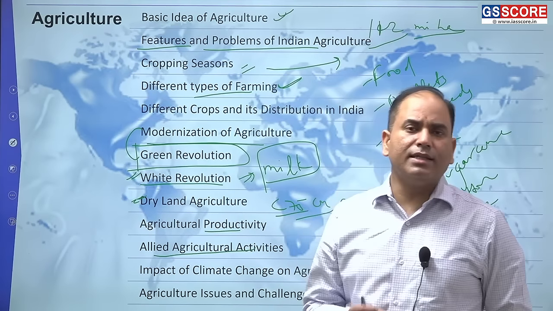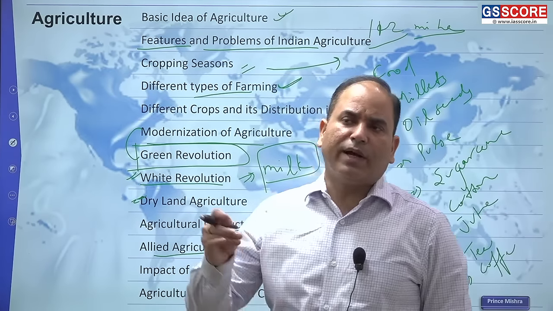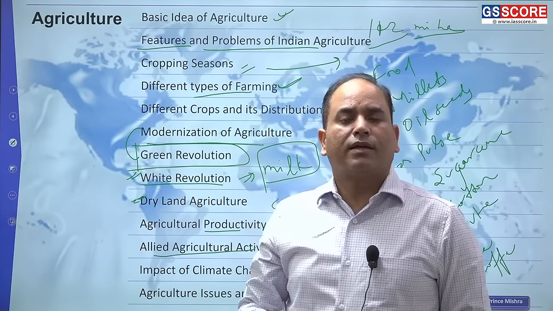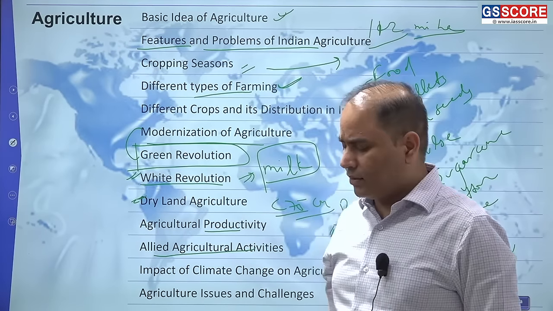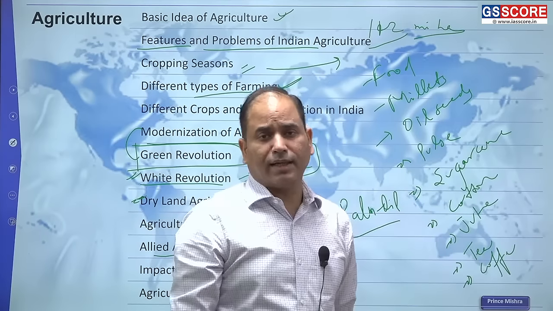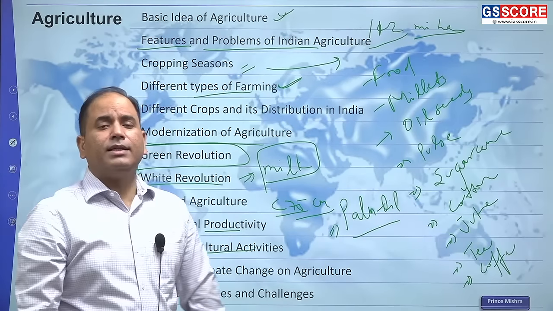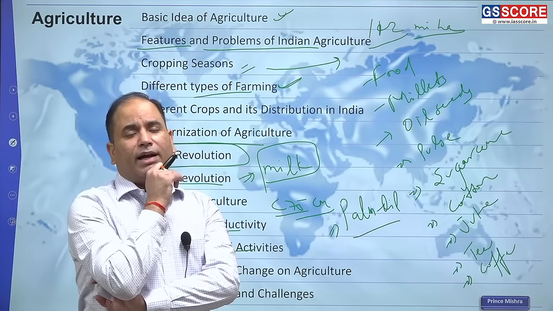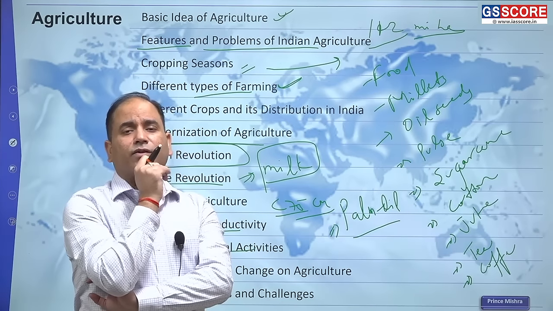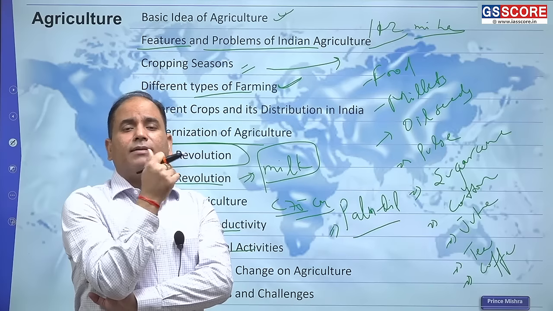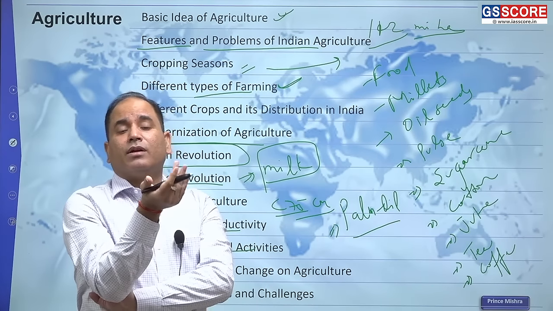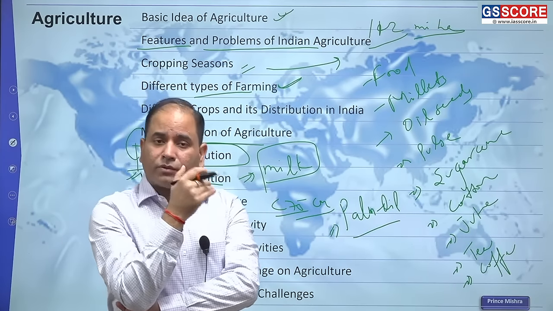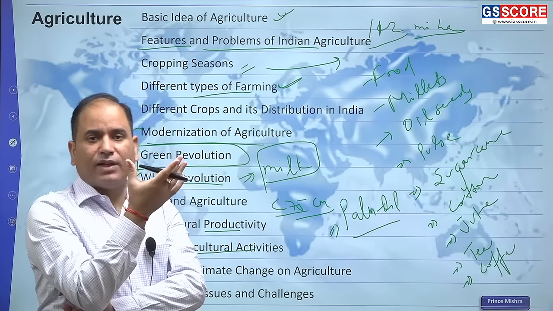There are certain regions of our country where conventional cultivation of the crop might not be useful. Like in the Punjab, Haryana region, obviously these are very developed agricultural regions, but these are semi-arid areas, and in the semi-arid area cultivation of crops like rice and wheat is not that suitable, it is not justifiable.